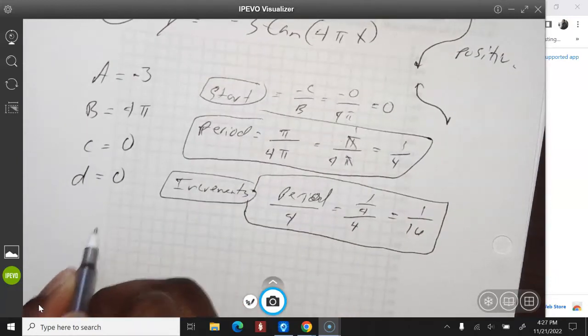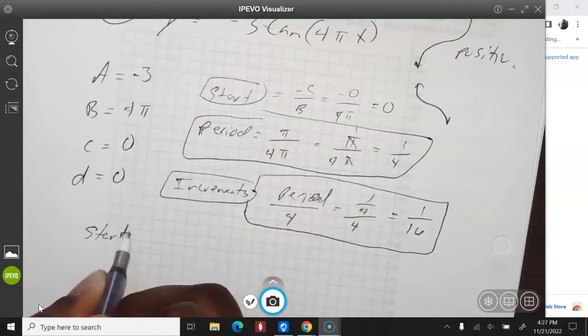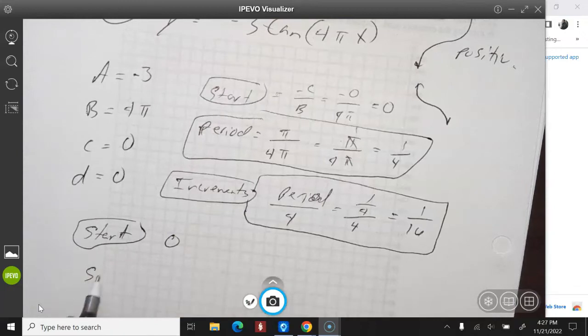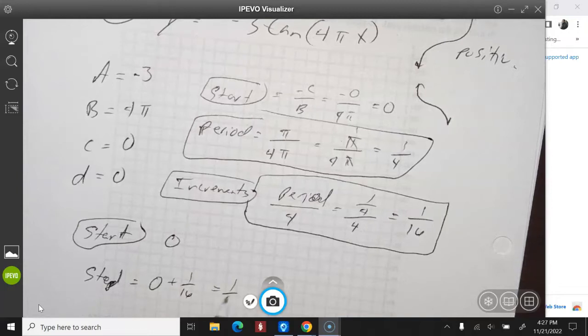So I'm going to take my start, which was at 0, and then step 1 should be at 0 plus 1 increment, which is 1 over 16. Step 2, or the second number in my table, should be 1 over 16 plus 1 over 16, which is 2 over 16.